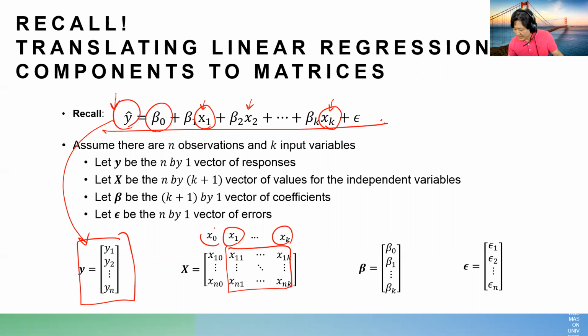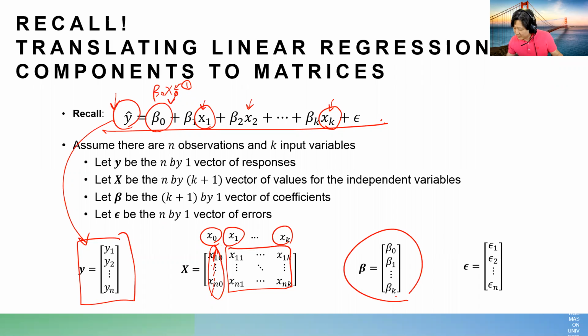And then I added x0 because this is the intercept. So this is actually 1, 1, 1, 1, 1, 1, 1. First is the intercept, right here. Because actually this is beta 0 times x0, but x0 is 1, so they are all intercept.